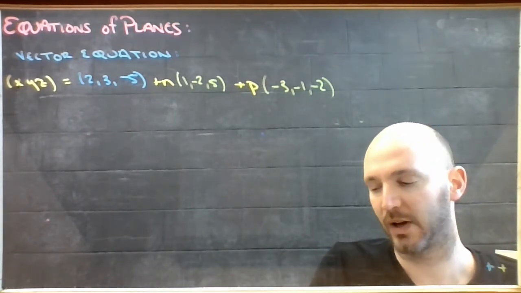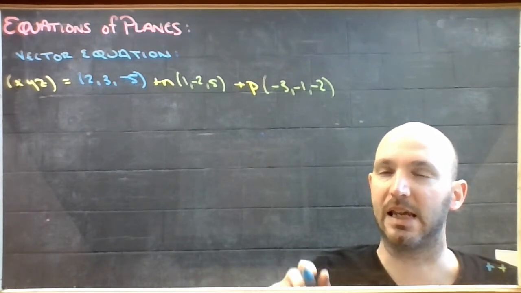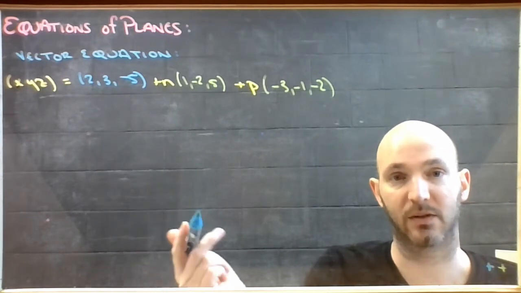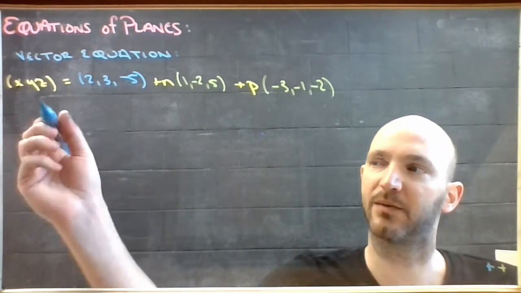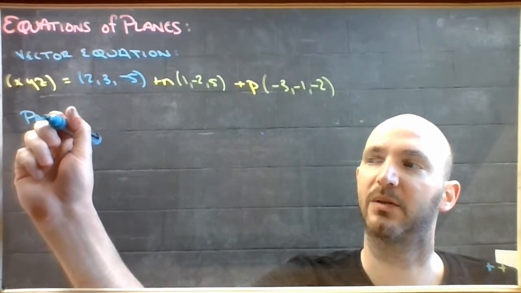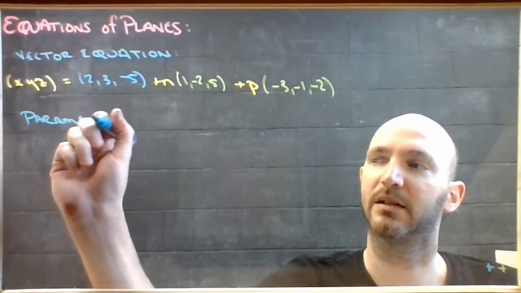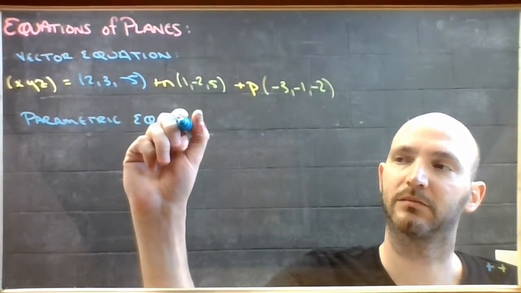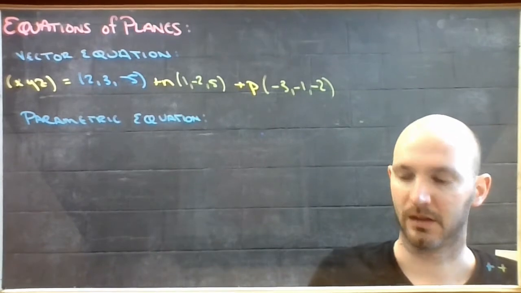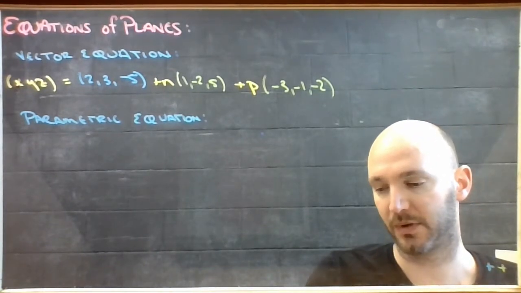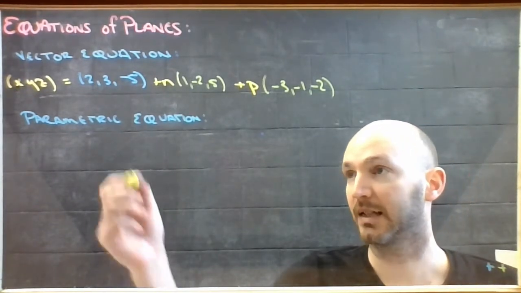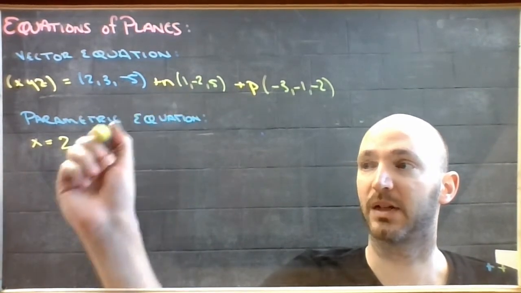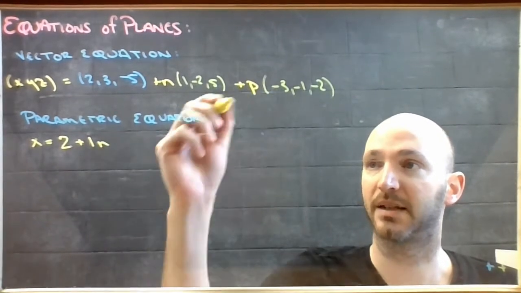And when you had the vector equation of a line, you were able to take each variable independently, the x coordinates and then the y coordinates and the z coordinates, and write them out on their own. And that made for you a parametric equation. So I'm going to give you that here. In this particular example, the x values would be 2 plus 1n minus 3p.